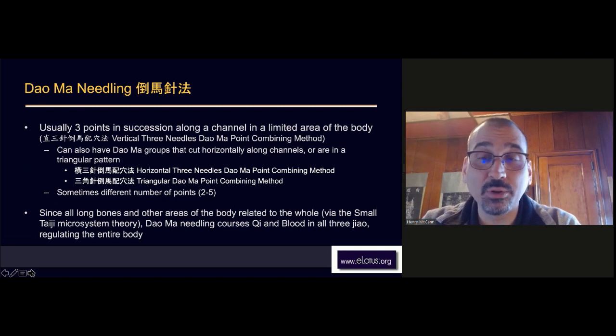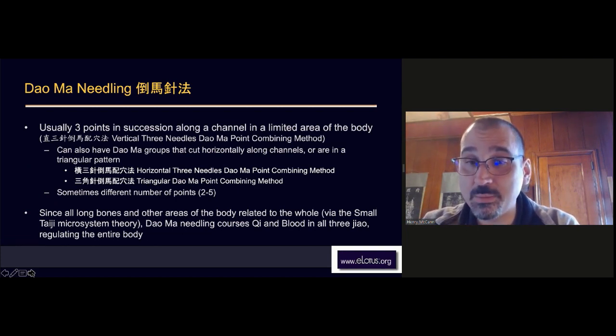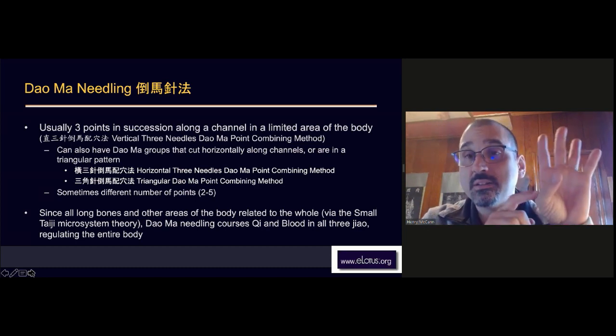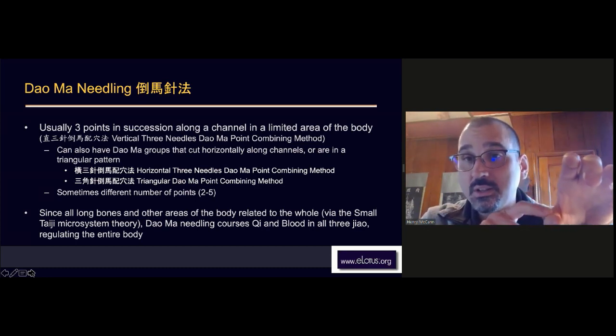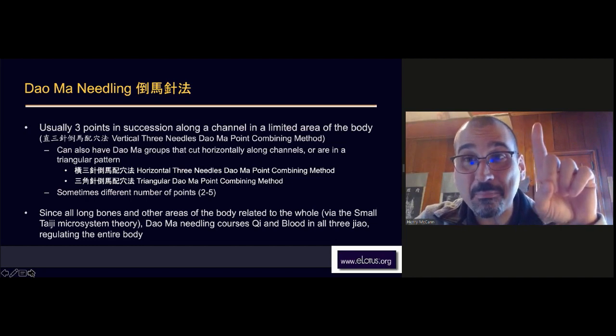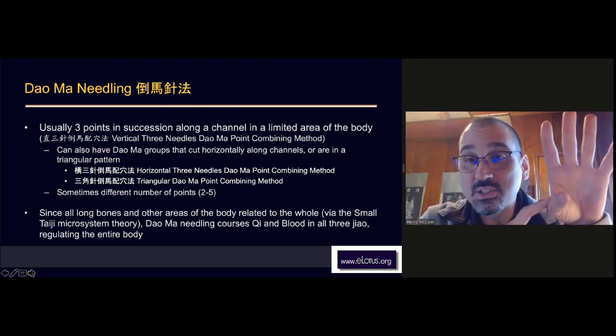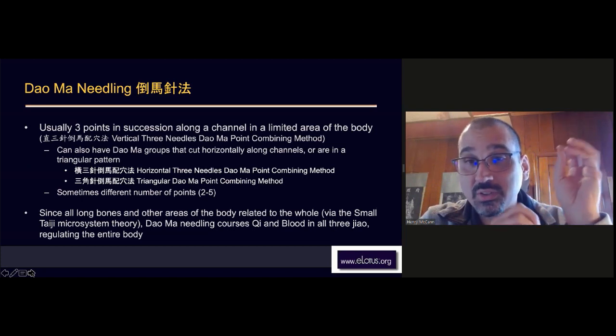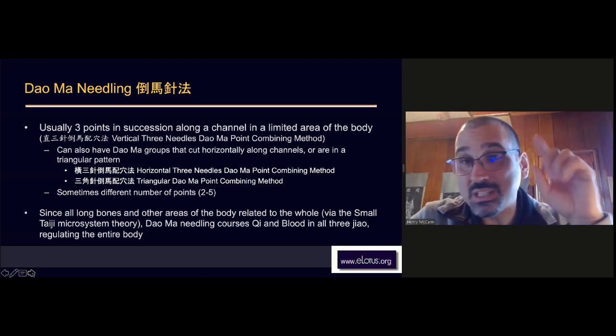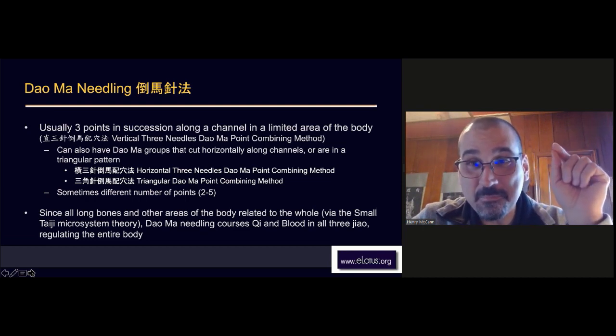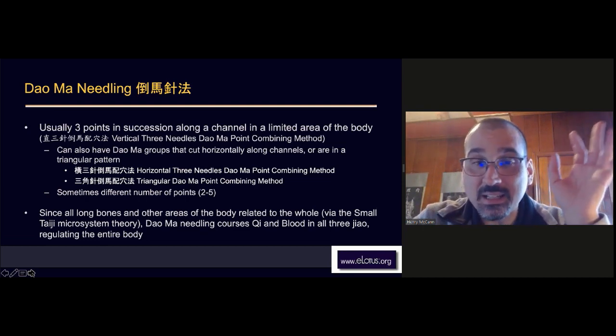So for example, Donna gave you a preview of some of the Dong points on the eLotus website. There's this point called Fuka on the thumb, meaning gynecology, and it's just one name, but they're 2 needles, right? That's a Daoma combination. So sometimes it's so essential of an idea that we just give it one name, like it's one point, but it's actually 2 or 3 needles that we add, okay? That's the basic idea of Daoma needling.